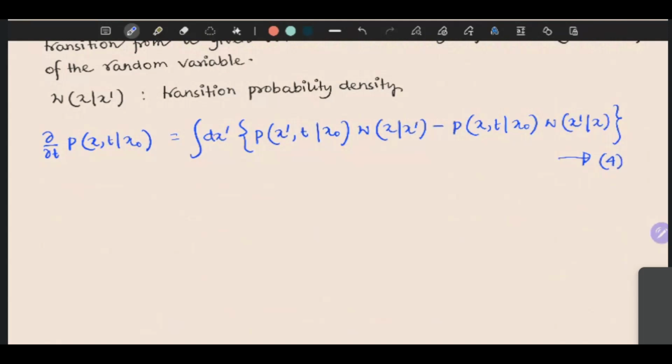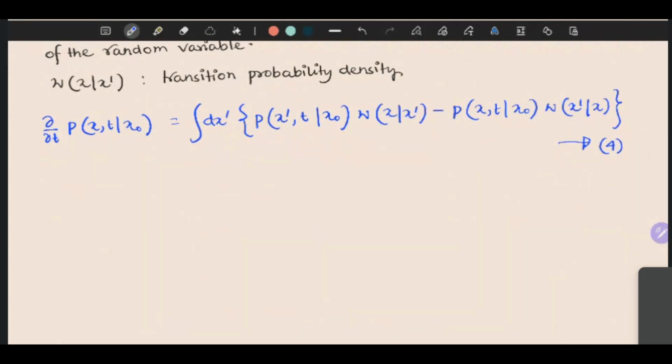And what will be the initial condition of the conditional probability density?